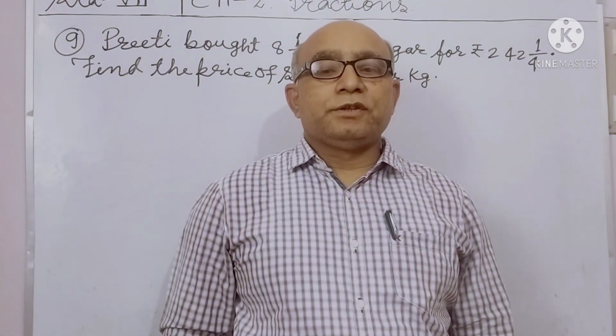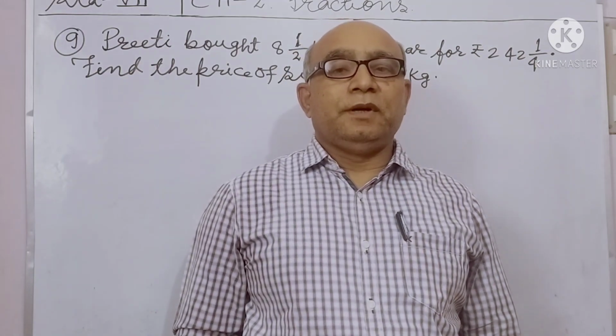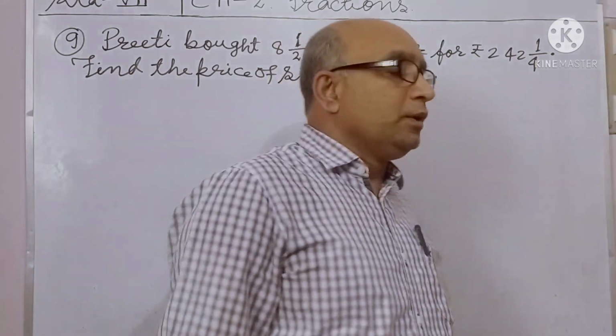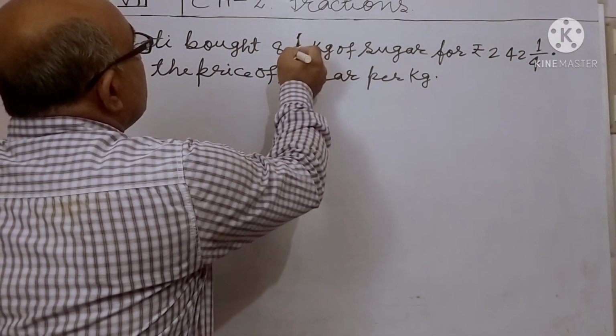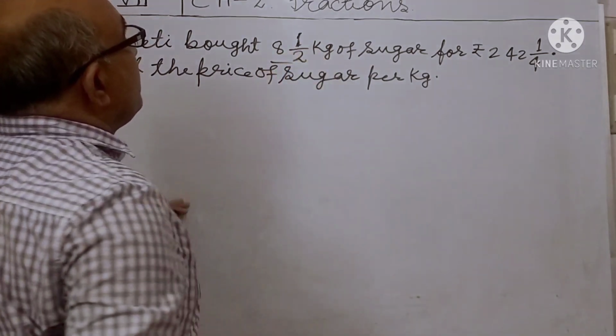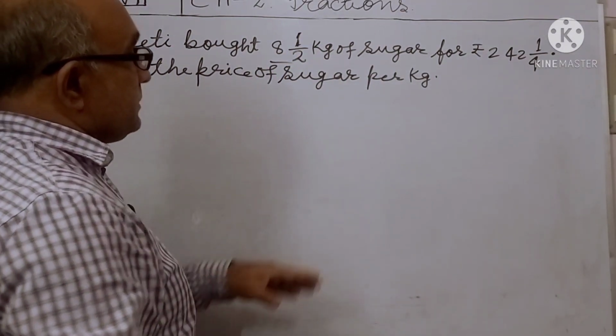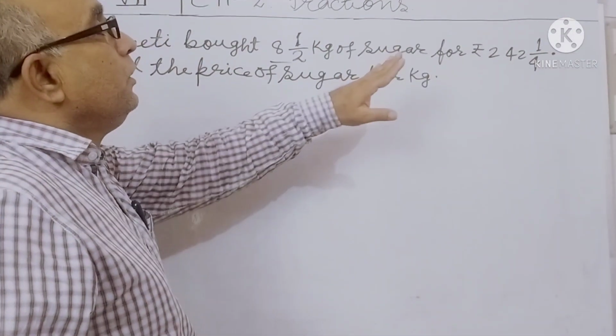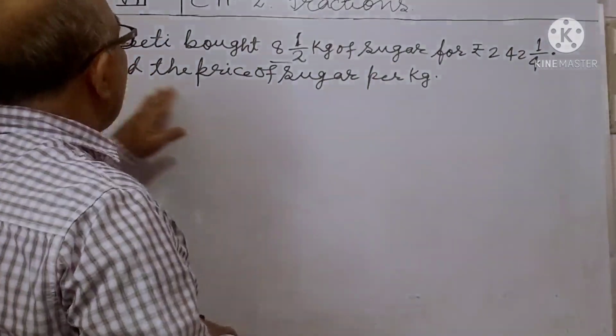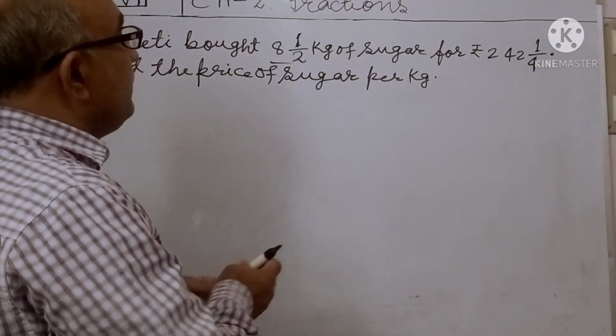Students, next question is question number 9, written on this board. In this question, Preeti bought 8 whole 1 by 2 kg of sugar for 242 whole 1 by 4 rupees. Find the price of sugar per kg.